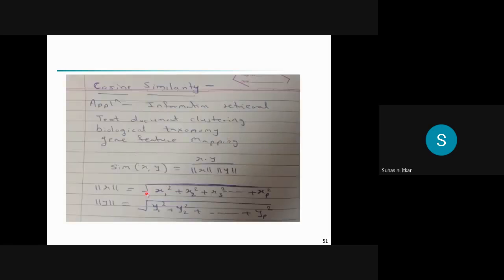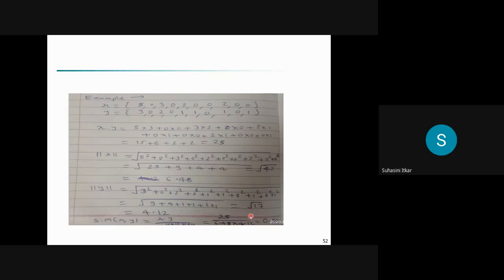The length of the vector is calculated as the square root of the sum of the squares of all the attribute values, and y is calculated in the same way. So this is the example.